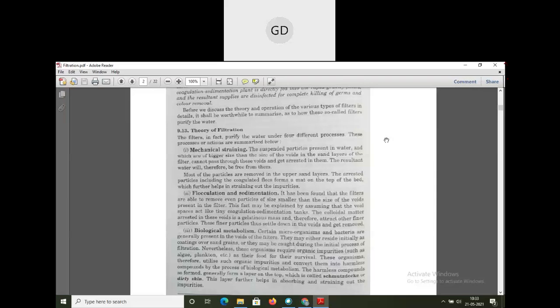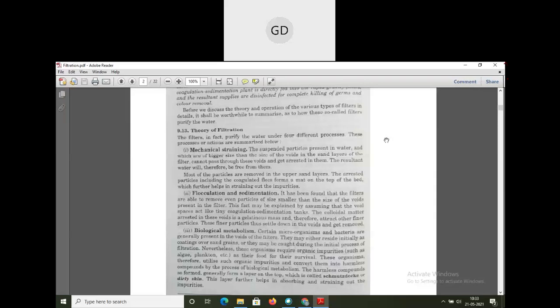Most of the particles are removed from the upper sand layers, and the particles arrested in coagulated flock form a mat-like topping above the bed. This helps in straining out the impurities. So that is mechanical straining.